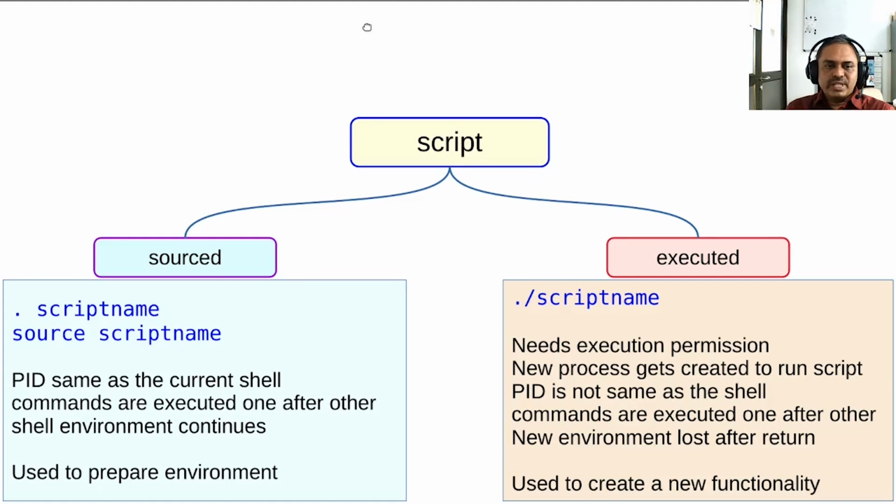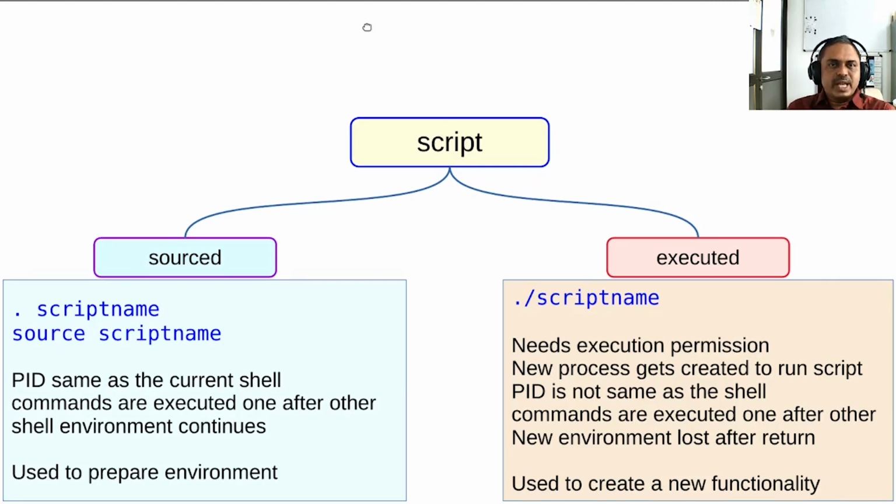A sourced script is executed using either a dot or the keyword source followed by the name of the script, and lines of commands will be read from this file and executed by the shell. In other words, during execution, the process ID would be the same as the current shell which has started to execute those commands.